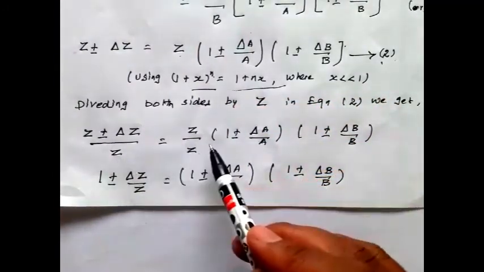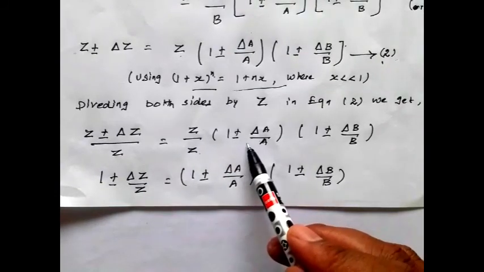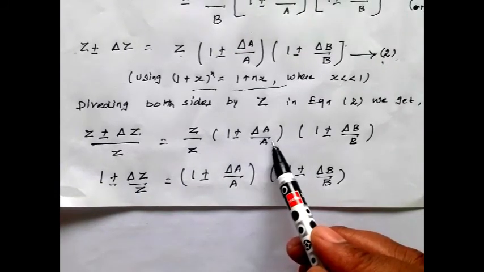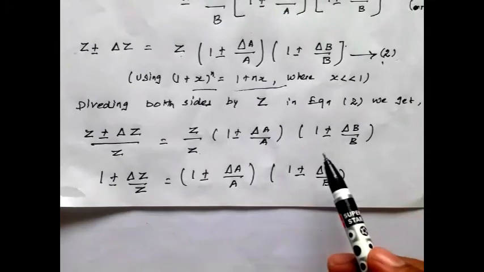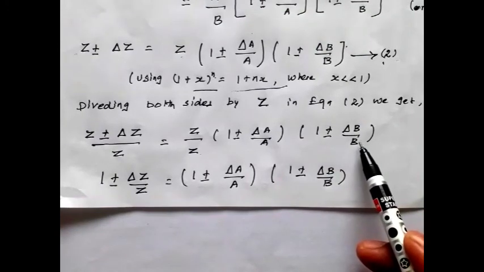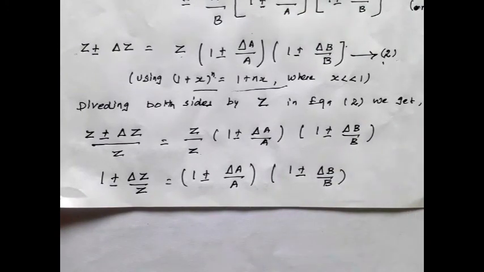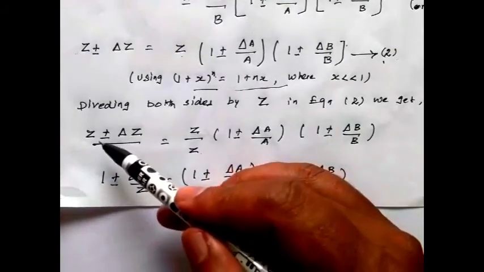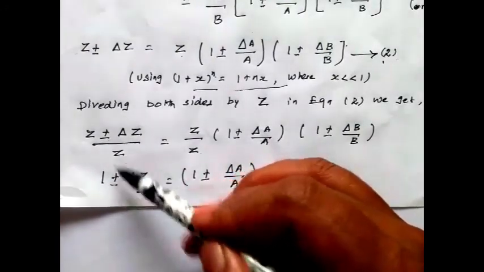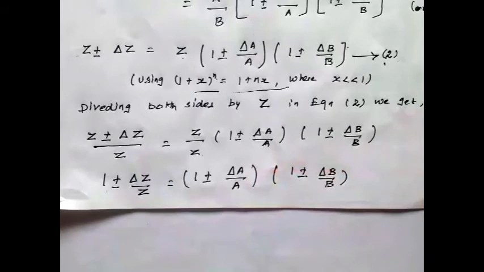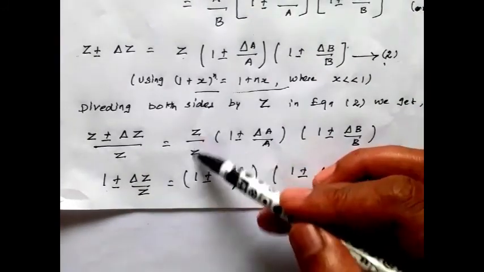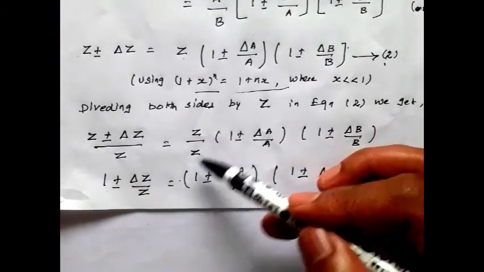லெஃப்ட் சைட் பண்ணிட்டோம், அதே மாதிரி ரைட் சைடு into 1 plus or minus del a by a into 1 plus or minus del b by b. Okay, further simplify பண்ணும் பொழுது what is z by z, that is 1 plus or minus del z by z. Again here z by z value is 1, so it will be neglected.